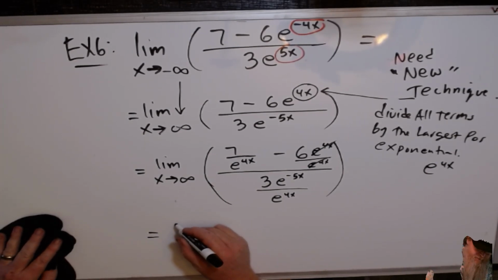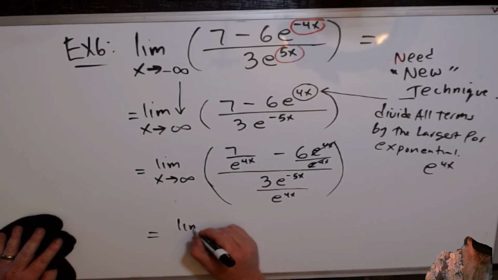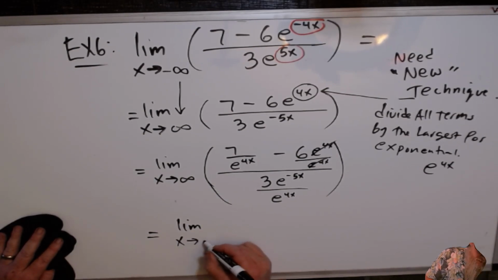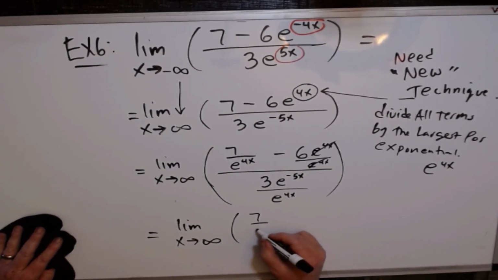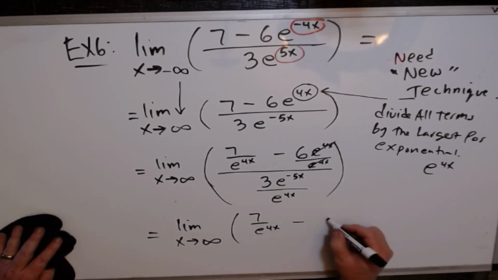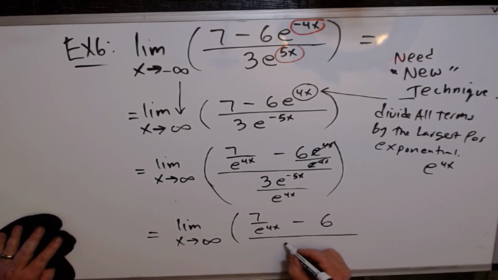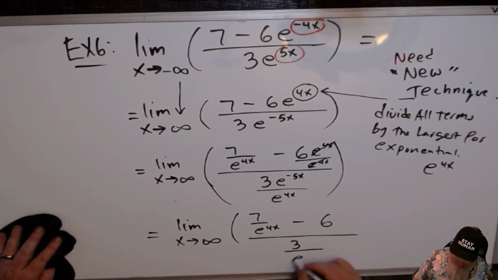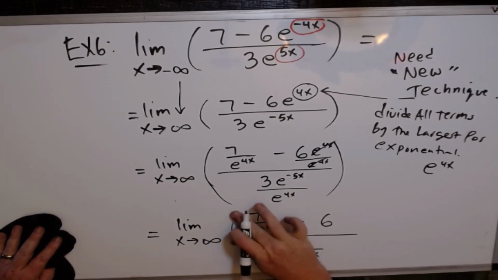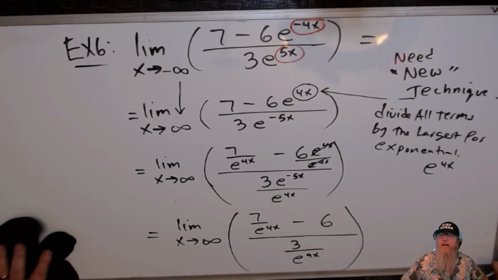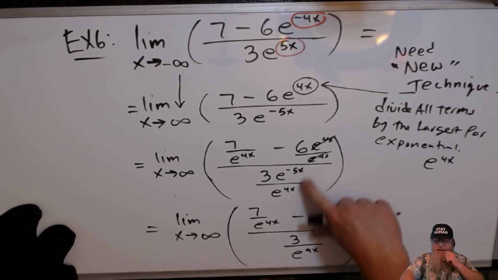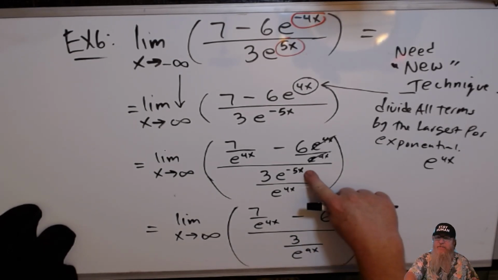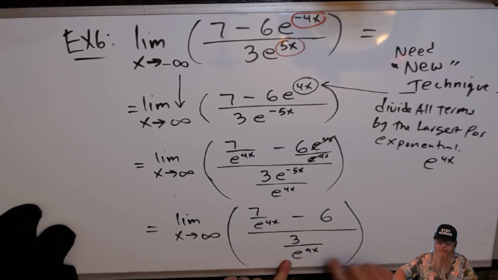So I've got the limit as x goes to infinity now, because I switched the powers, of 7 over e to the 4x minus 6 all over 3 over e to the 9x. All right, and again, I'm not showing that math again. I already did it. It's negative 5, negative 4, which is negative 9, but I'm putting it down in the bottom.